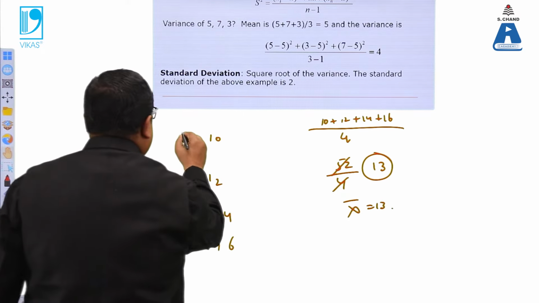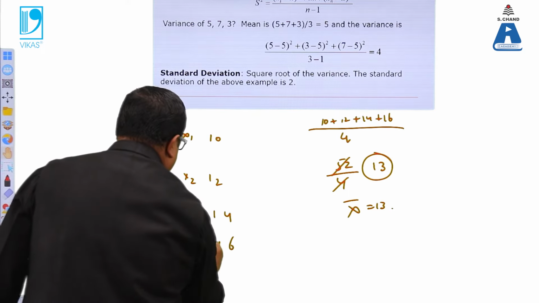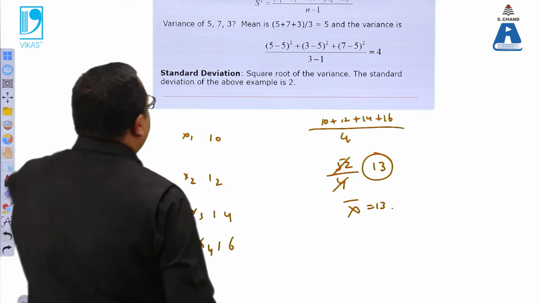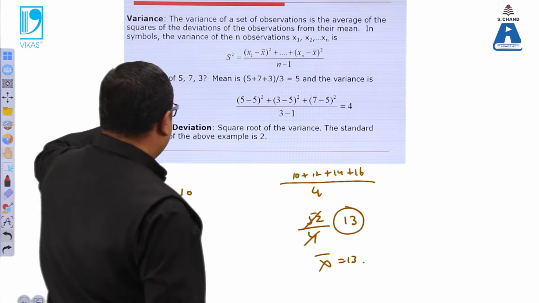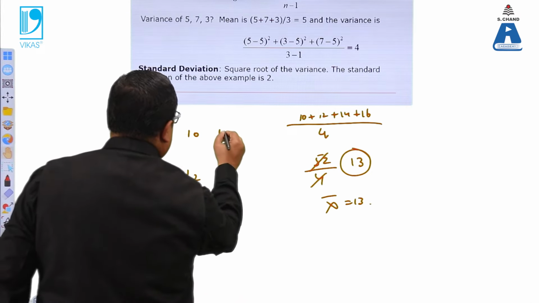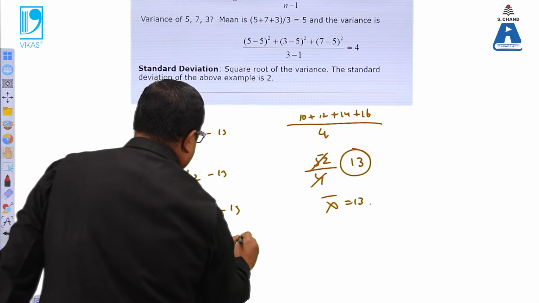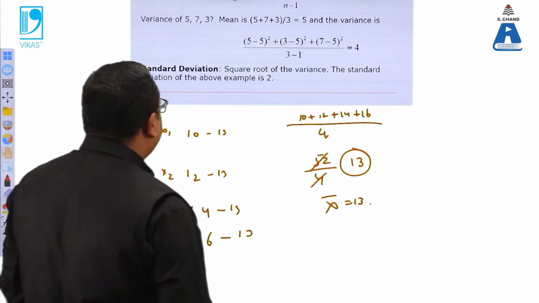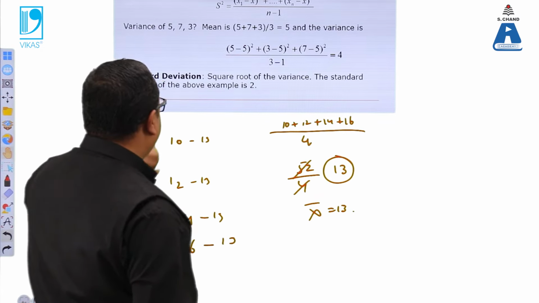This is x1, x2, x3, x4. Here the variance can be calculated using x1 minus x bar, where x bar is 13, 13, 13 and 13. When we get the result, we will have to calculate the square of that.